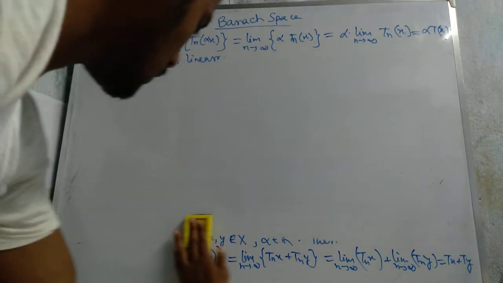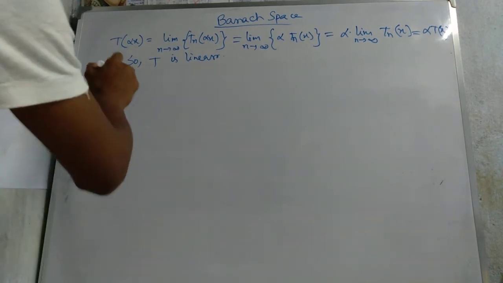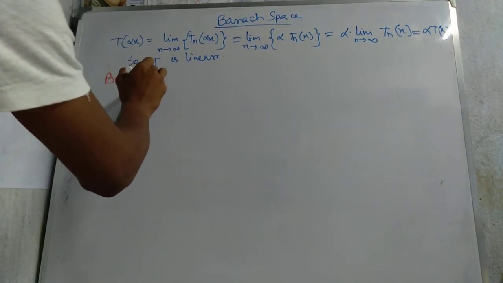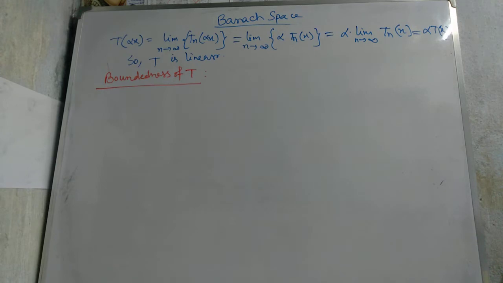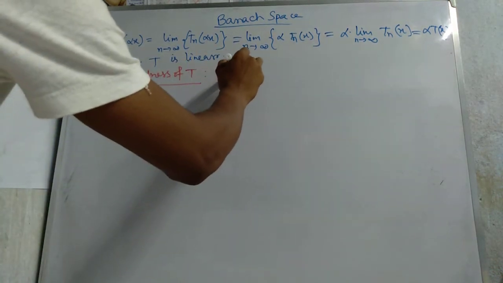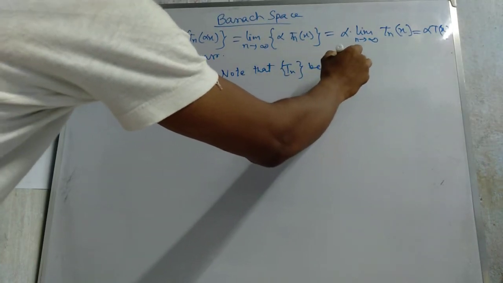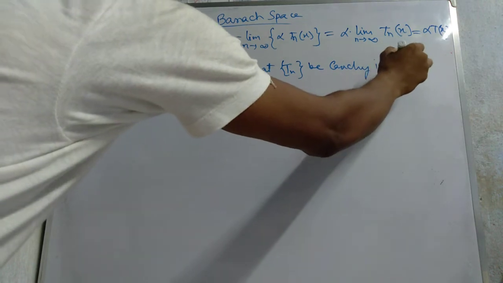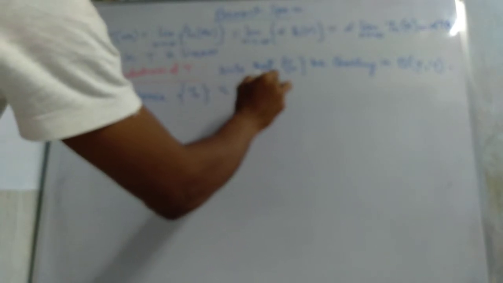Now we erase the lower portion and we also do boundedness of T. We show the boundedness of T. How do we show that? Note that Tn is Cauchy in B(X,Y). Hence Tn is bounded because a Cauchy sequence is bounded.